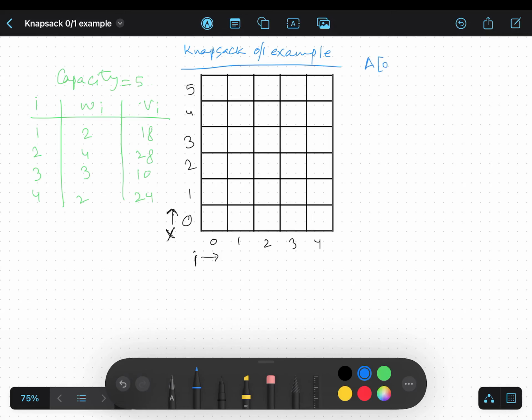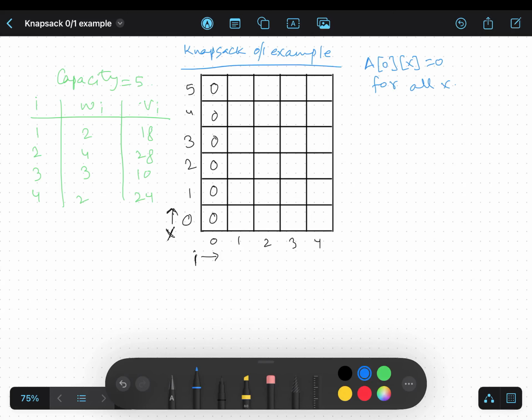It starts with A(0, x) = 0 for all x. This means for every x, for the 0th I, we are going to put a 0. So the 0th I is the first column, and for every x we do this.